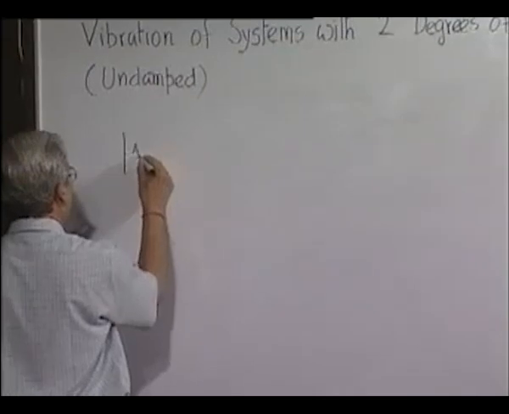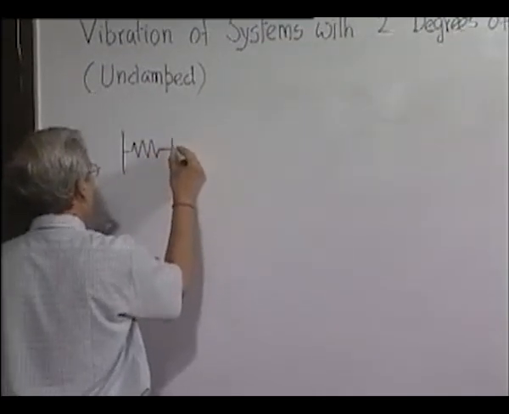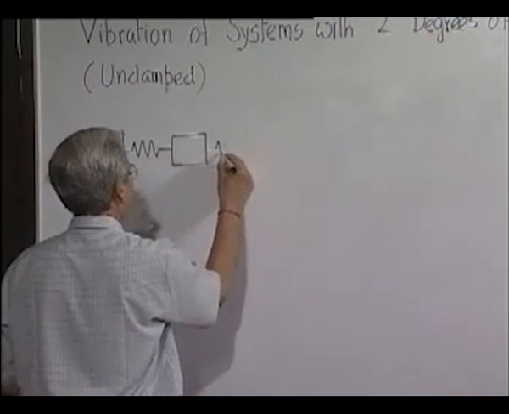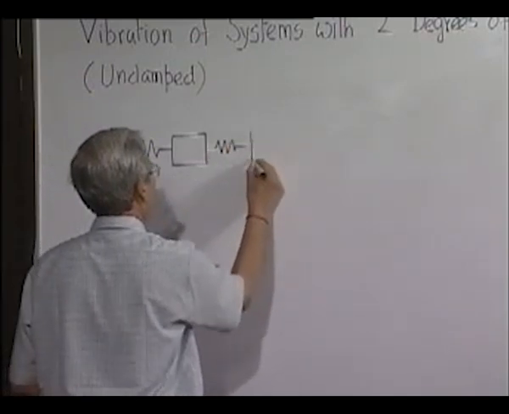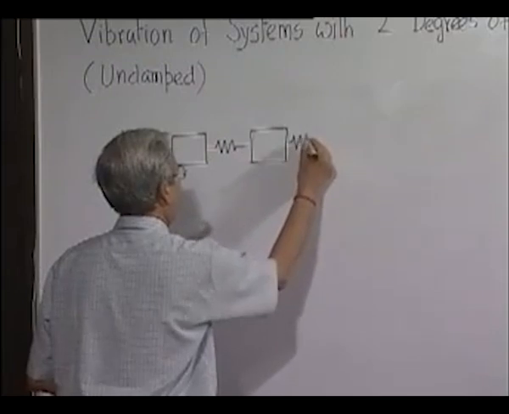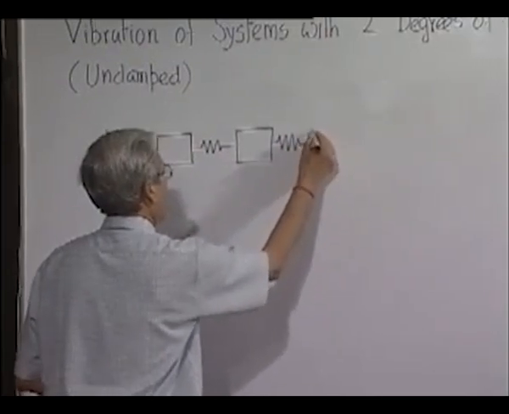As just now mentioned, these systems will require 2 independent coordinates to describe the system's configuration. It can be in many ways. Maybe it can be in the form of 2 blocks having vibration.